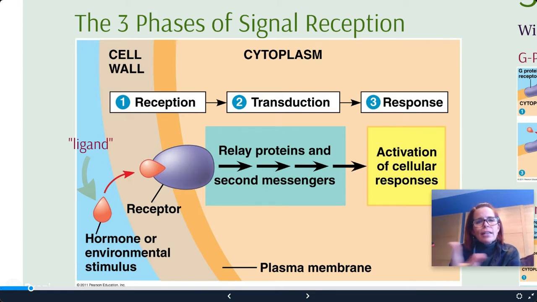Usually the response, I think there are really maybe three that I want you to know. Number one, the response could be something in the DNA, where we trigger a new gene and a new protein gets formed because of that. Other things in the cell can occur because of this signal getting transduced across and triggering something, or apoptosis can happen.